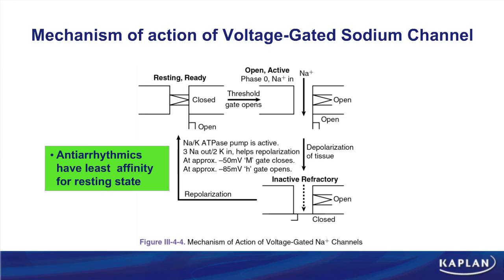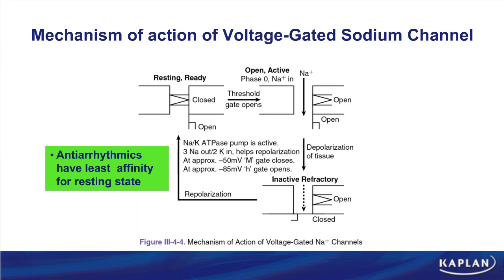Of course, we just finished talking about the transition from the effective to the relative refractory period. During the effective refractory period, 100% of our sodium channels are in the inactive state, which is also referred to as the refractory state. That's the state during the ERP. But as we transition to the relative refractory period, some of our sodium channels return to rest.